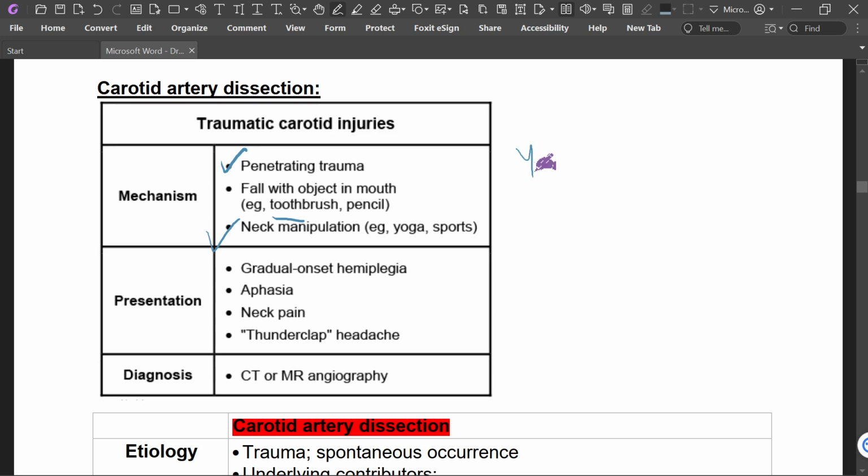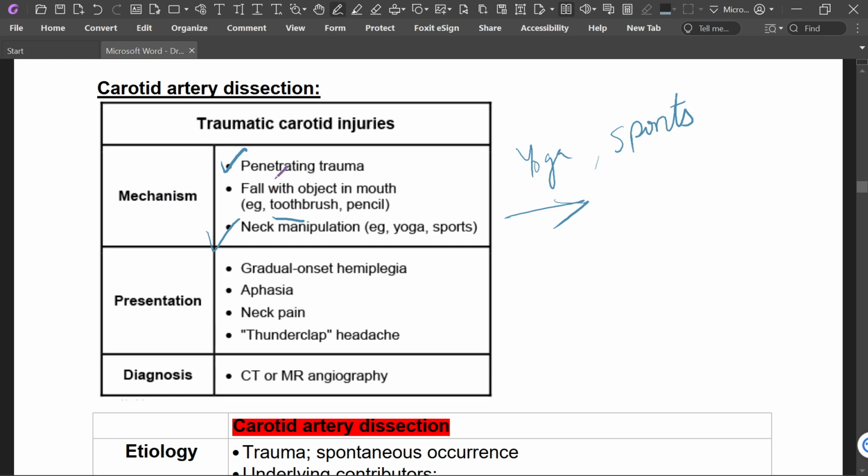So you are doing yoga or some sports, where there is neck manipulation, and at that very time you may have the chance of having carotid artery dissection. So: penetrating trauma, fall with an object in the mouth, neck manipulation.